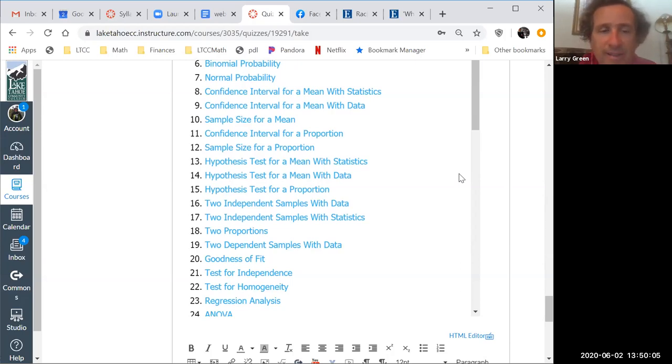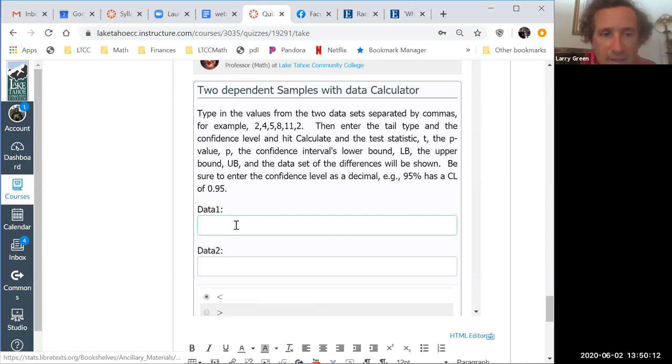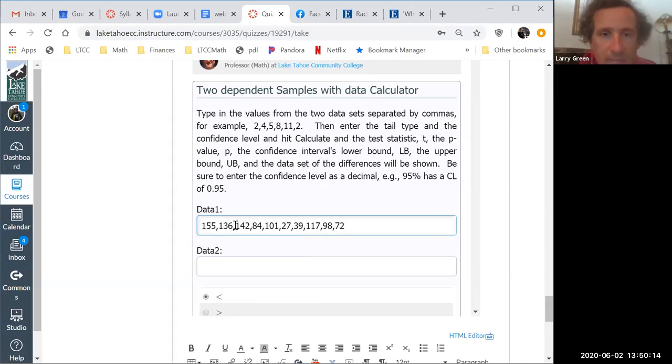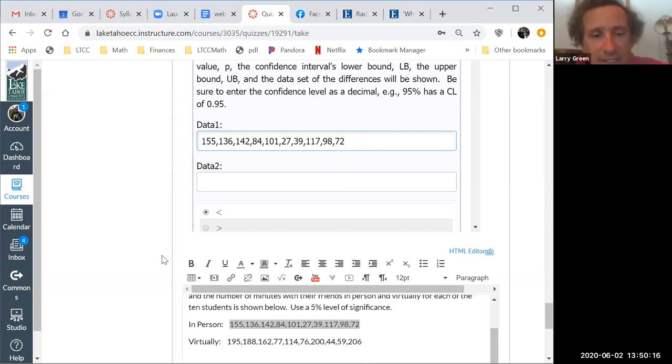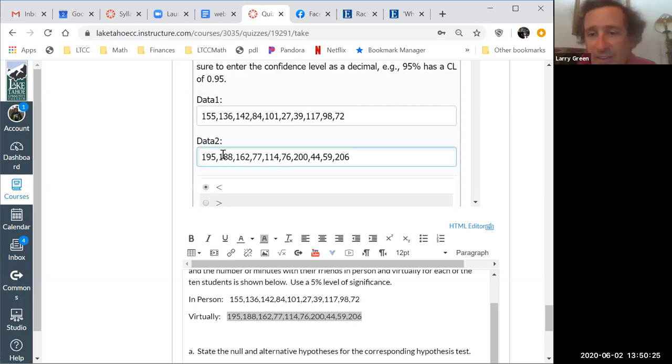This one is 19, 2 dependent samples, and we have data. That's the first one. Let's go to the second data set and copy that in. That's data 2. Any questions so far?